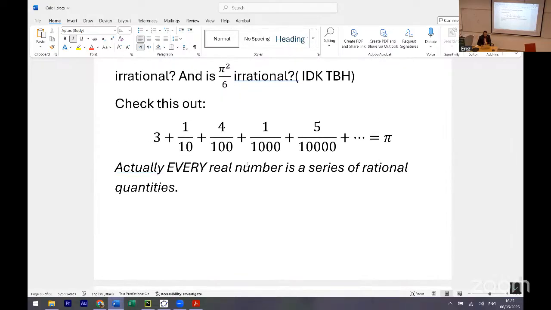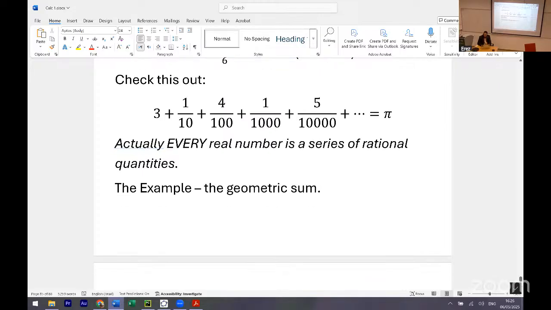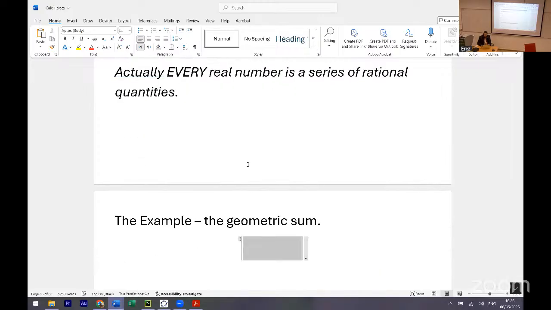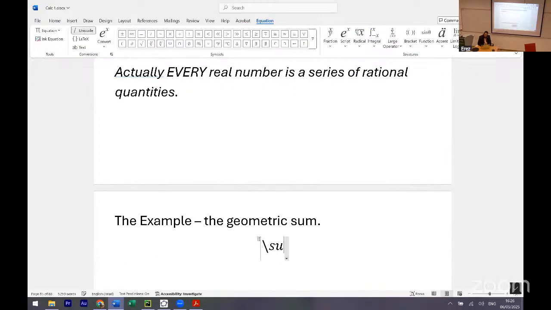So I gave you a few examples, and now the geometric sum. What is the sum from n equals 0 to infinity of... I don't remember if I did it.